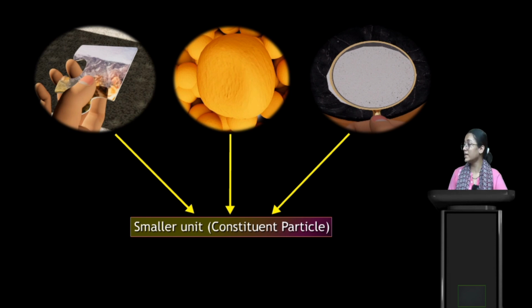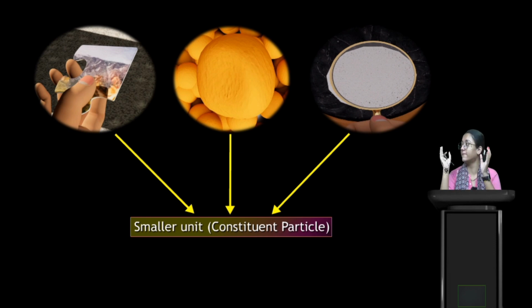All these are known as smaller units, also known as constituent particles. The objects or particles which constitute one object are known as constituent particles of that object.